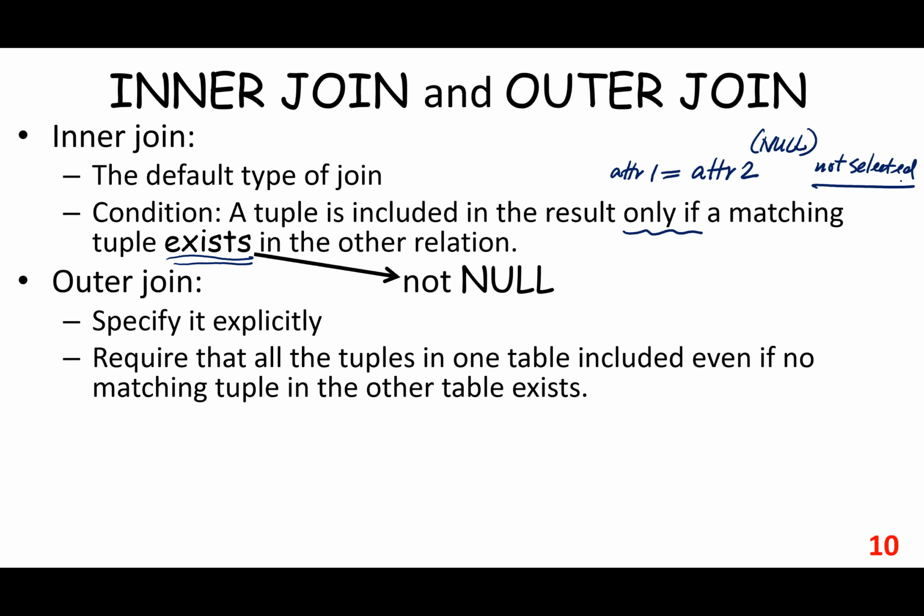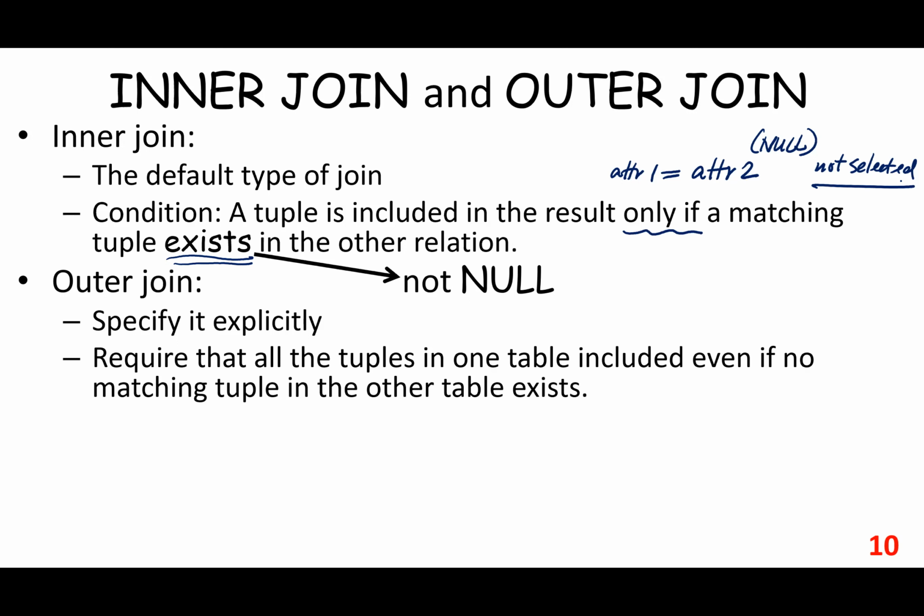They require that all the tuples in one table are included, even if no matching tuple, that means the null value, in the other table exists. Null value, you still include it.